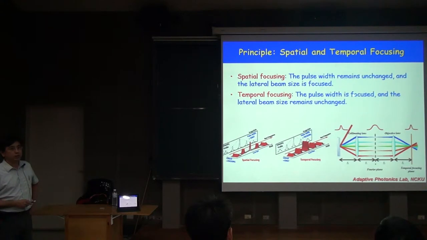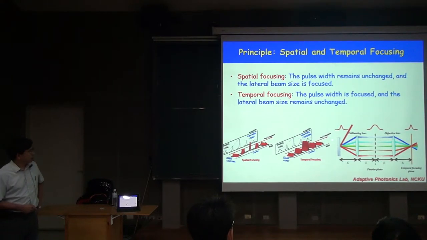But for the temporal focusing with the femtosecond laser, it means the laser is a pulse laser here, and you have different wavelengths combined together to create the laser pulse and pulse energy. And then you have the grating.